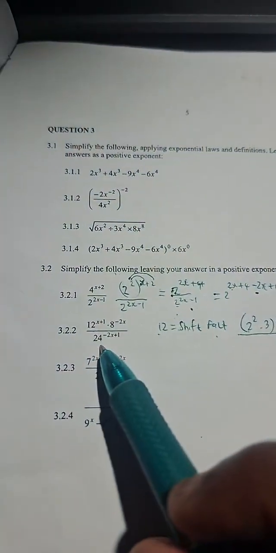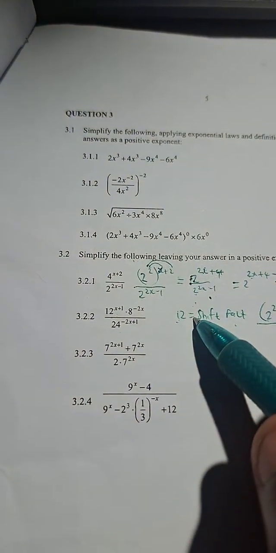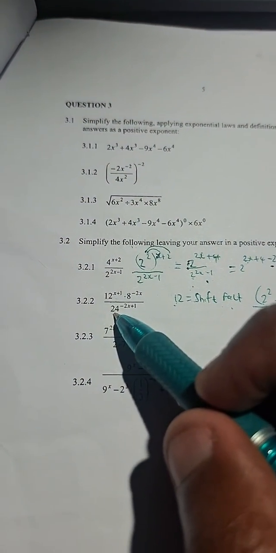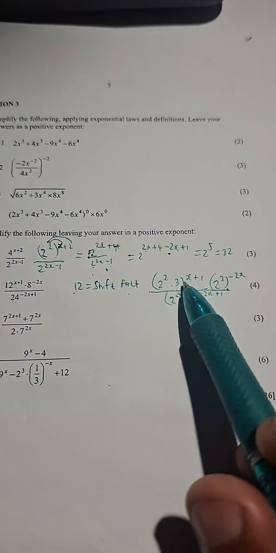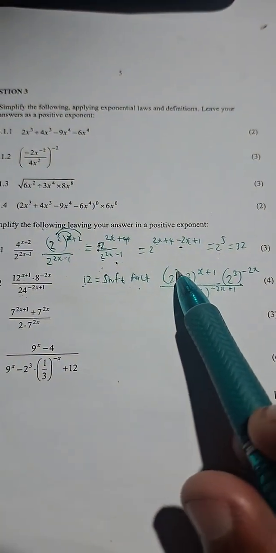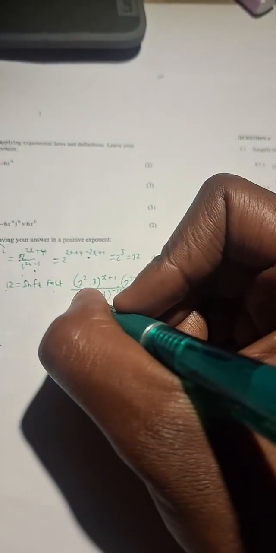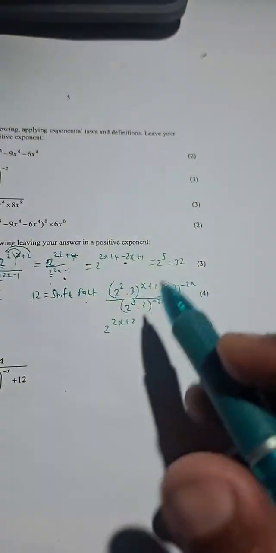Over 24, you also press 24 is equal to shift factor. This 24 is actually 2 to the power 3 times 3, all raised to the power negative 2x plus 1. Then you simplify very nicely. This 2, distribute, you get 2 to the power 2x plus 2.